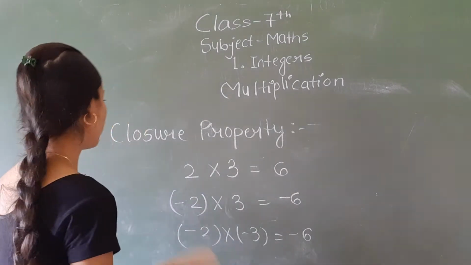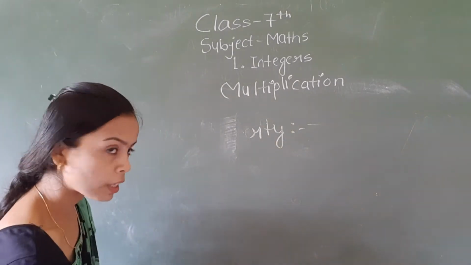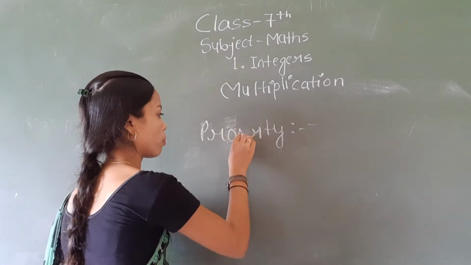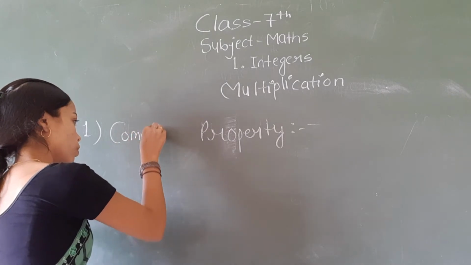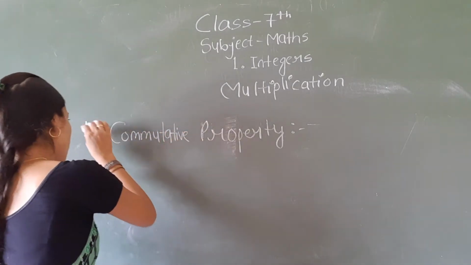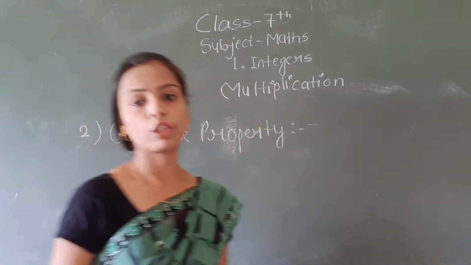What is the second property? The second property is the commutative property. What is commutative property?